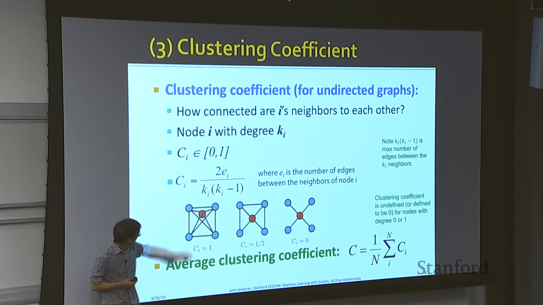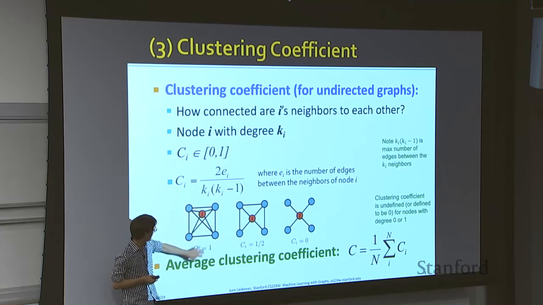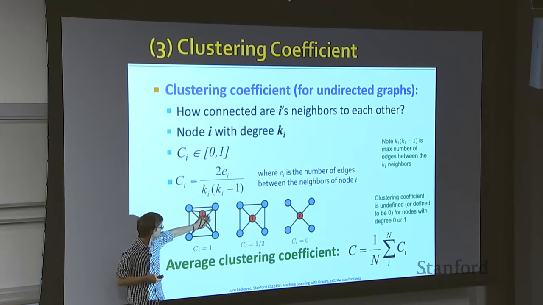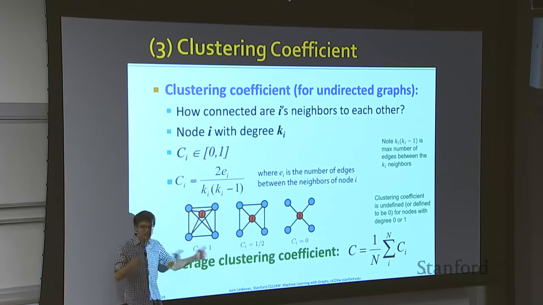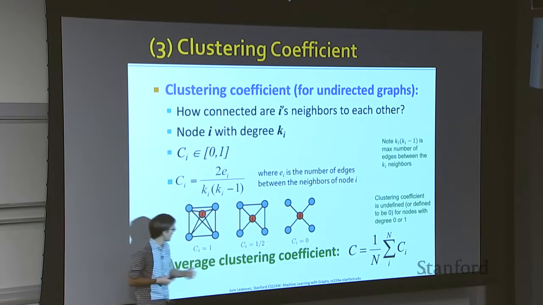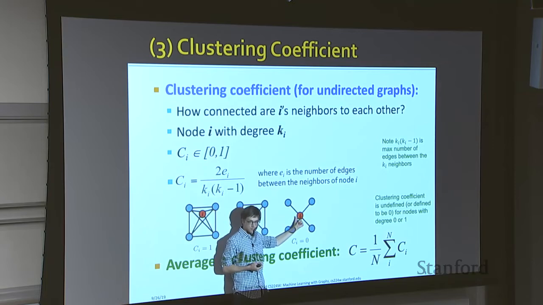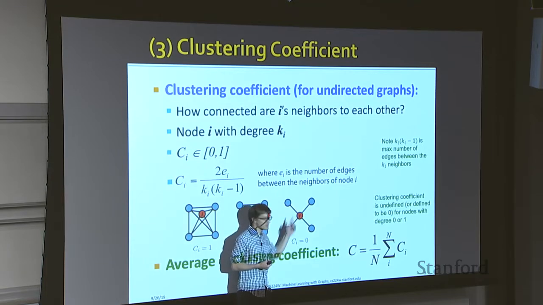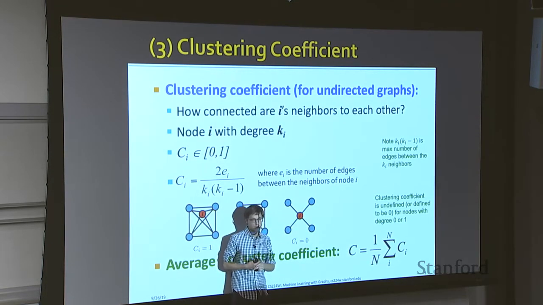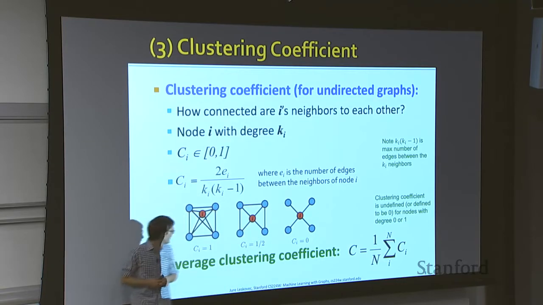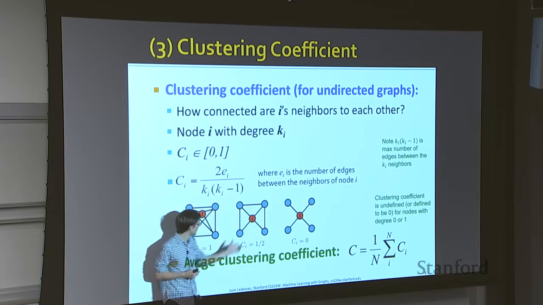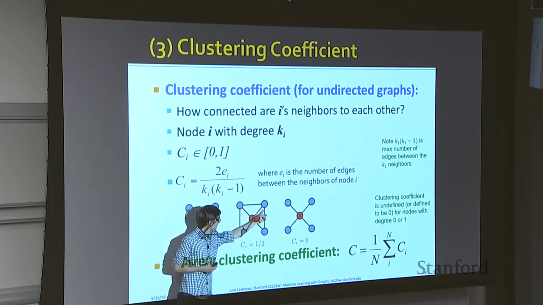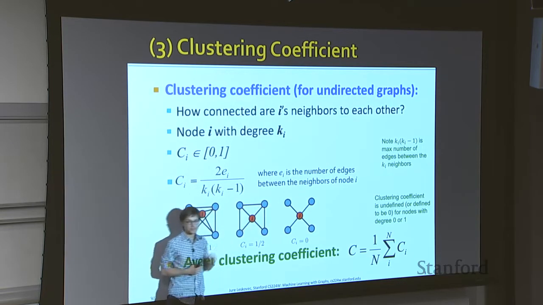So if this is the node I'm interested in, this would be a node that has very high clustering coefficient because all of its 4 friends are connected to each other. And this would be the same node with degree 4, but now none of the friends know each other, so the clustering coefficient is 0, okay? And here is somewhere in between where the clustering coefficient is 1/2, right? Some of the friends know each other and some, for example, don't, right?